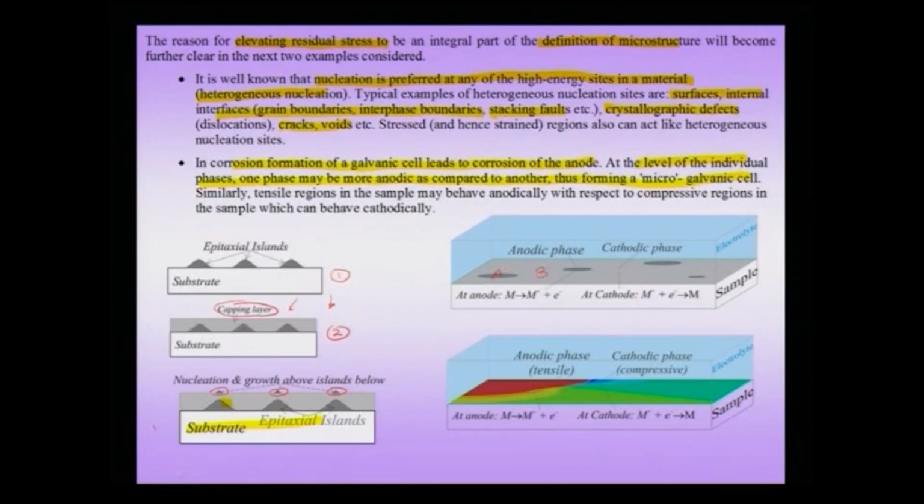I assume that this is present in a blue electrolytic medium as shown here. Now, there is no macroscopic galvanic cell here. We have an electrolyte medium and there are two phases. For now, I will assume that phase A is more anodic as compared to phase B, and therefore, in the presence of an electrolyte, it will give rise to an electron.